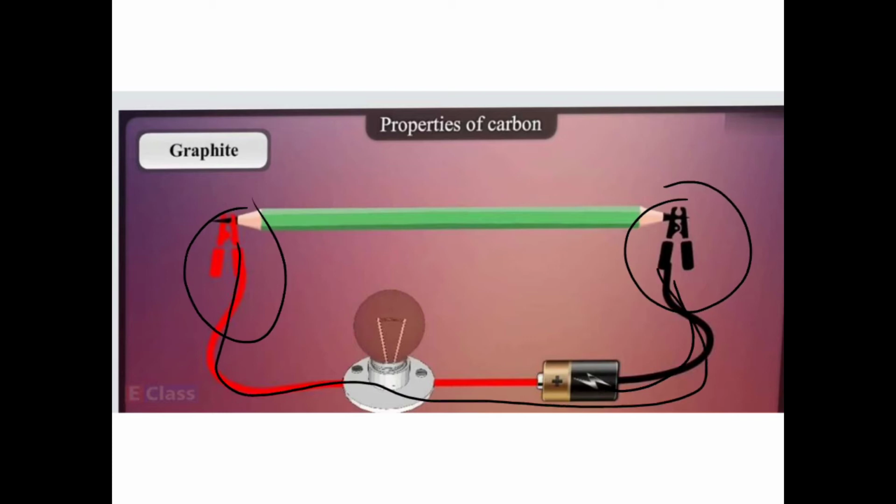I hope you know now what a closed circuit is. After the chapter on electric current, you are now able to understand what a closed circuit is. So there we have the closed circuit.